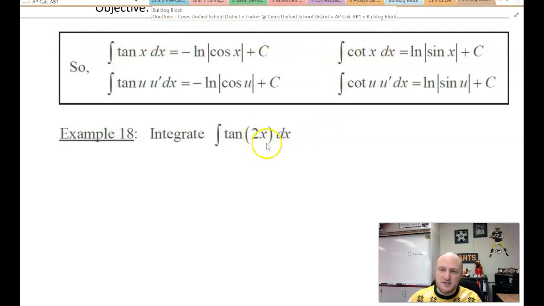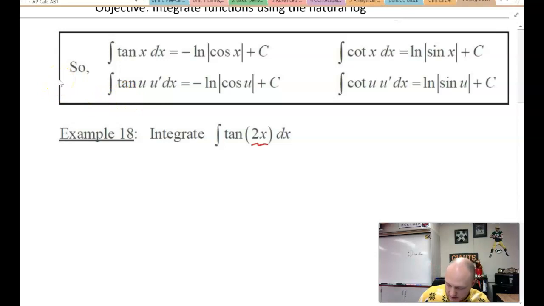But here they want us to use the chain rule form of this, where we let u be equal to 2x, and then the derivative of that is 2 dx. So if I wanted to go ahead and integrate this, I can use the rule that's right there. I just do have to have my chain of 2, and when I multiply in a 2, I have to have a 1/2. So this is equal to 1/2.